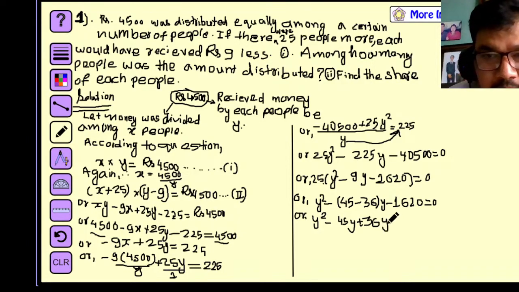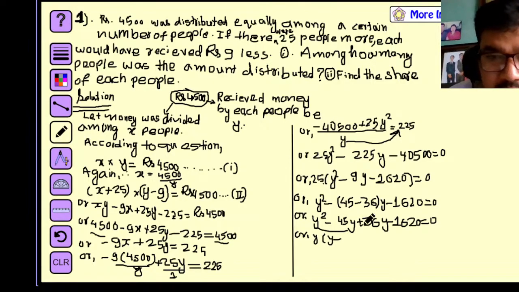Write this, and minus 1,620 equals to 0. Then now let's take common because there are 4 terms now. What is common in these 2? There is y common, and here will remain y minus 45. This is 36 in the third term.